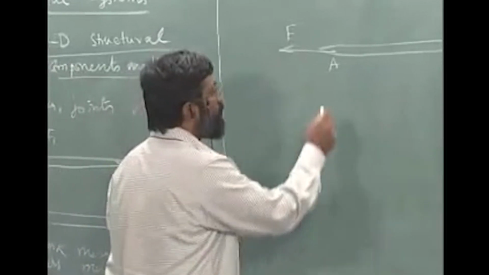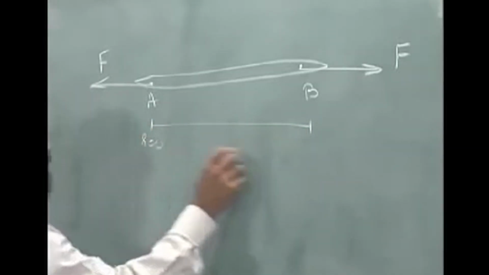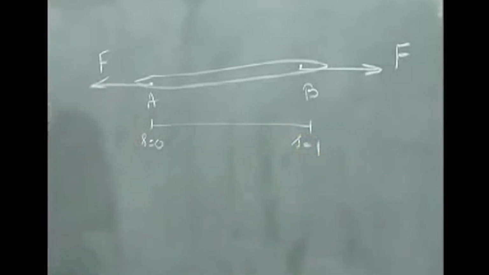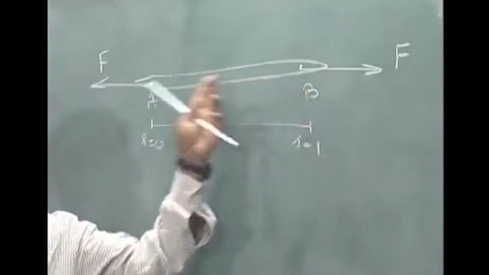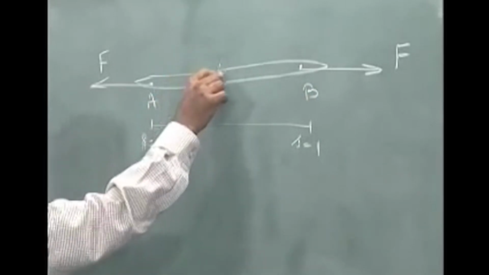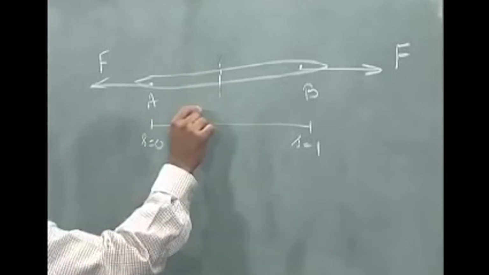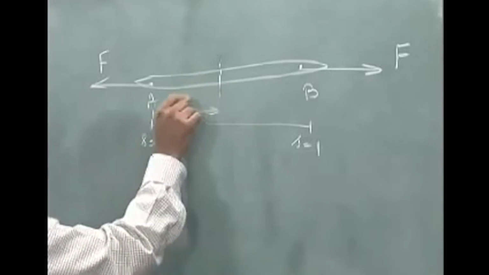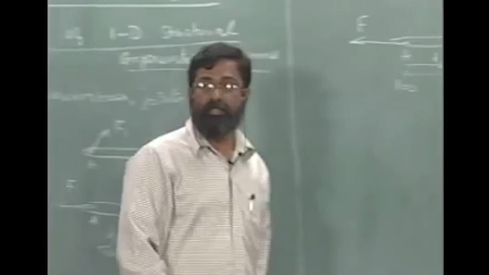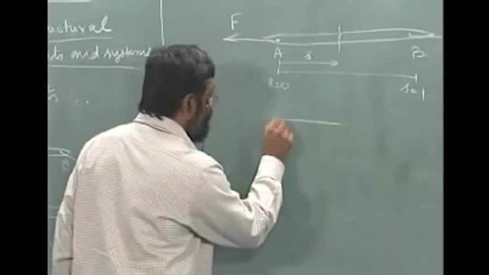Now I wish to examine, let us say I take S equals 0 to S equal to 1, and I wish to find out what will be the internal forces acting on this. If you have to know that, you have to section at a particular S from, let us say, A. Okay. Let us examine that.